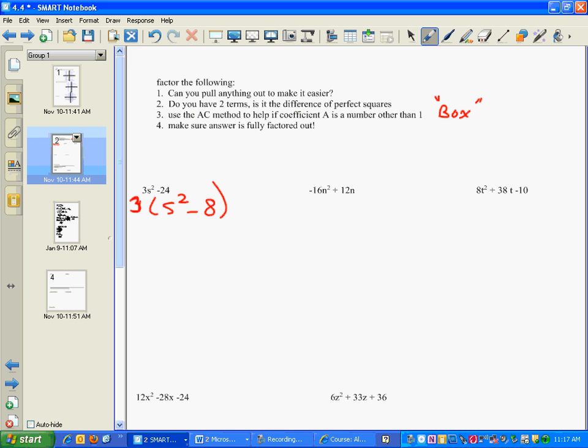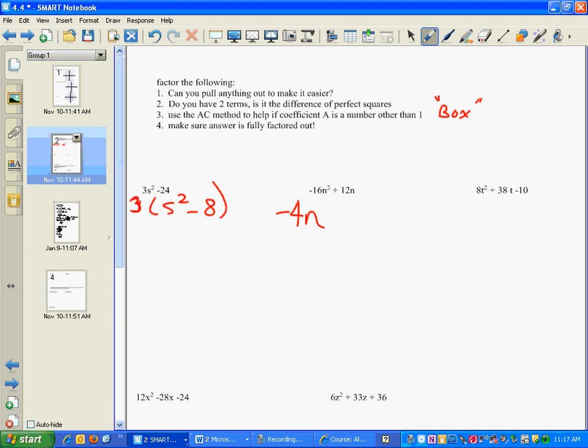All right. I like my first term to always be positive, my squared term to be positive. So one of the questions when you say, can I pull anything out, is maybe I need to pull out a negative value. Okay? So I have negative 16n squared plus 12n. What can I pull out that would make this life a lot easier? Alex? Negative 4n.